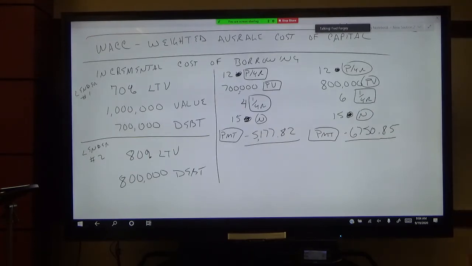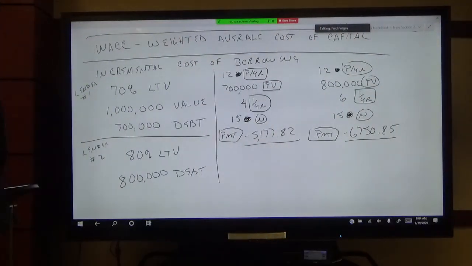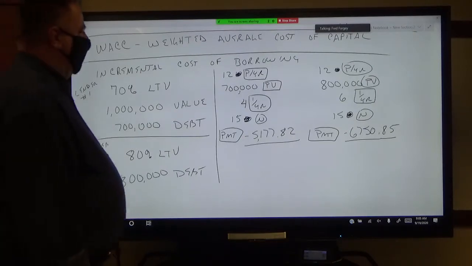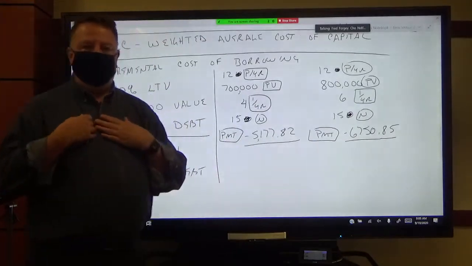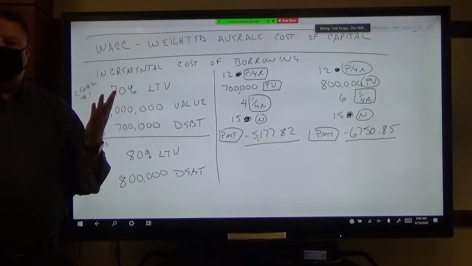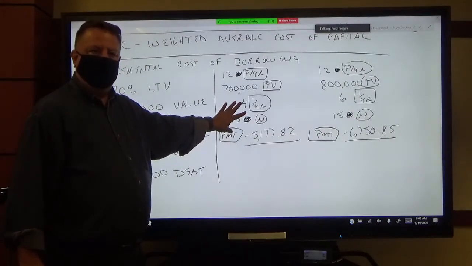So if I personally only have $200,000 of equity to put into the deal, I am in essence going to be forced to go to loan number 2, right? But if I have $300,000 or more in equity, I could easily do 1. Correct?